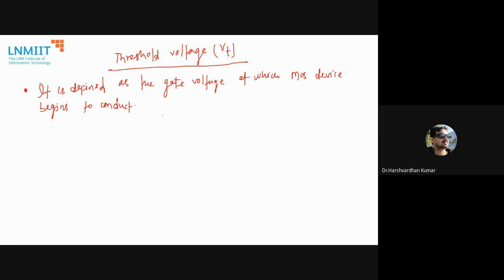Now we will see more about the threshold voltage, at which the device begins to conduct, it means that it turns on, right?